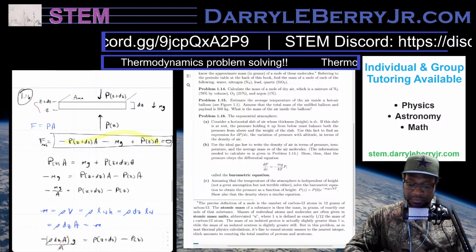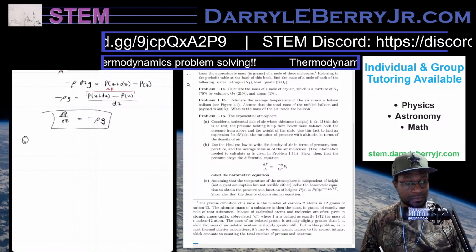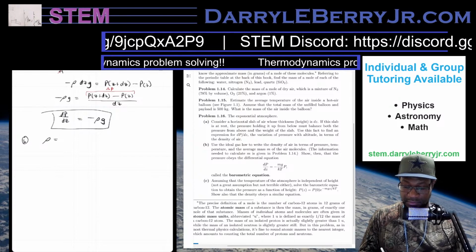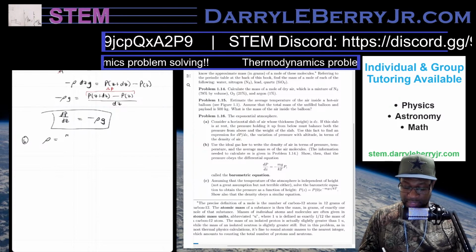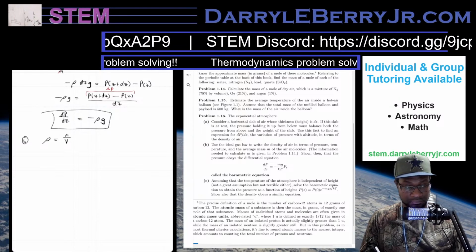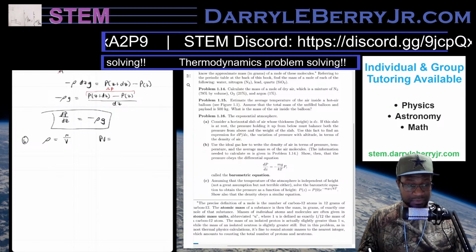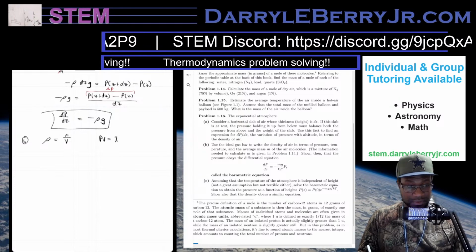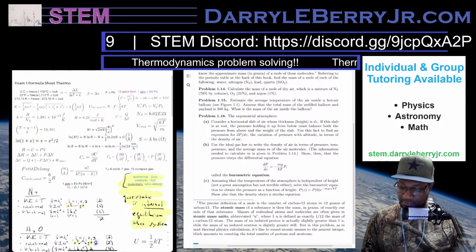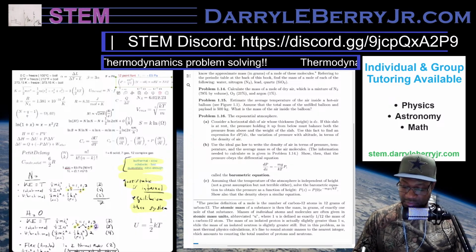So this was A, now B. We have rho equals mass over volume. PV equals N, big N, kT. Make sure I have that written properly. That's this one here.